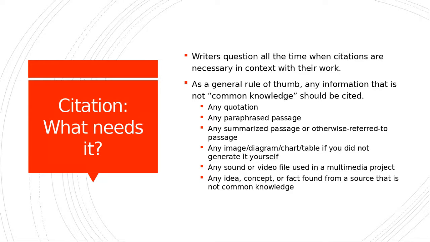So this includes any quotation, any paraphrased passage, any summarized passage or otherwise referred to passage, any image, diagram, chart, or table if you did not generate it yourself, any sound or video file used in a multimedia project, and any idea, concept, or fact found from a source that is not common knowledge. Okay, so anything that you need to research to find out, and most people are going to need to research to find out, is probably going to have to be cited. Okay?